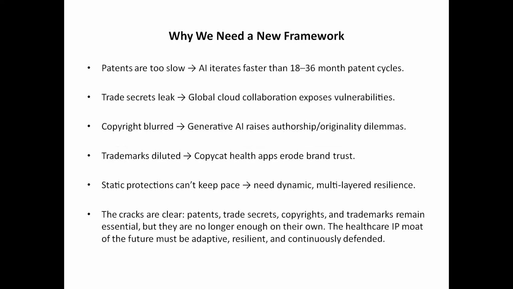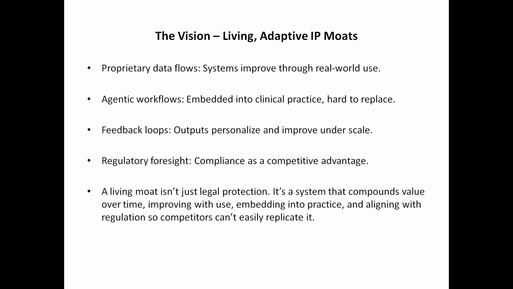Patents are too slow, trade secrets leak and can be copied, and trademarks are too static. Protection cannot keep pace. So for the future direction, a living and adaptive IP moat is required.